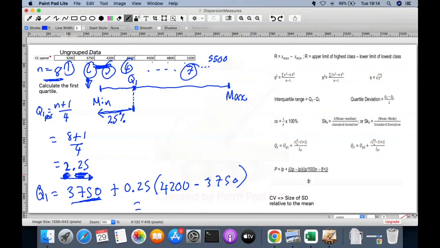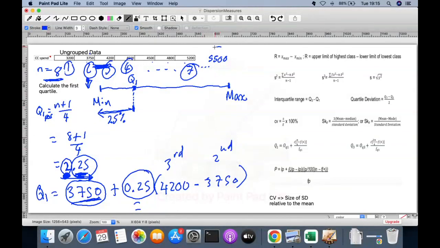Because you got 2.25, you take the second number, that's what we use this 2 here for, which is this 3750, plus an additional 0.25, that's the number on the right of the decimal point, times the length between the second and the third number. This is the third number, and this is the second. If you work this out, you'll get the first quartile.